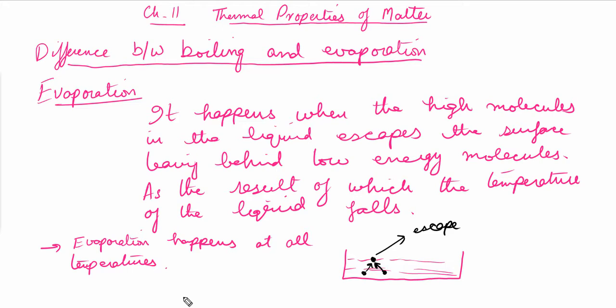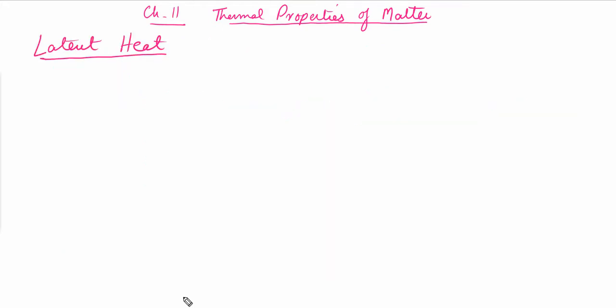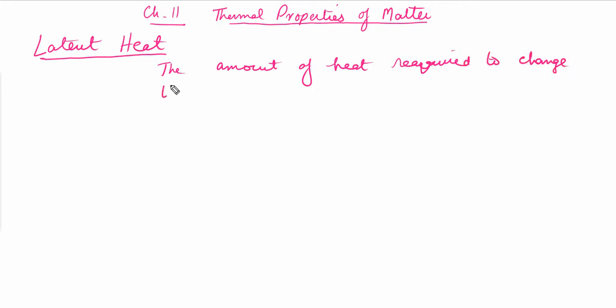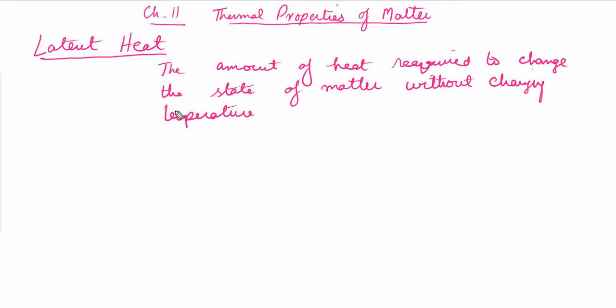Now after this one we will discuss the concept of latent heat and the specific latent heat. So latent heat is basically the amount of heat required to change the state of matter, either from solid to liquid or from liquid to gas, without changing the temperature. That is called the latent heat.